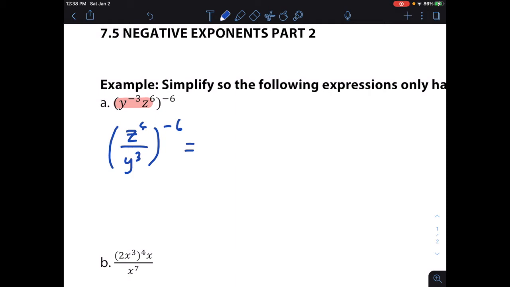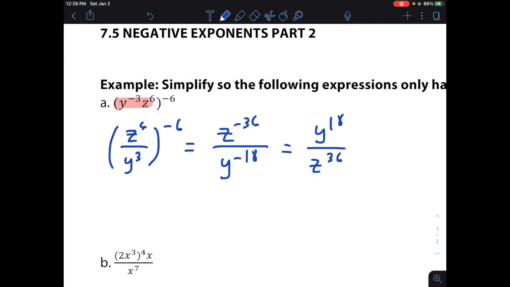So we're going to apply the power rule, and the power rule says I multiply the negative 6 times both of the exponents on the inside, so I end up with z to the negative 36 over y to the negative 18th. Now since they're both negative, they're going to switch places and become positive. So we have y to the 18th in the numerator, and z to the 36th in the denominator.